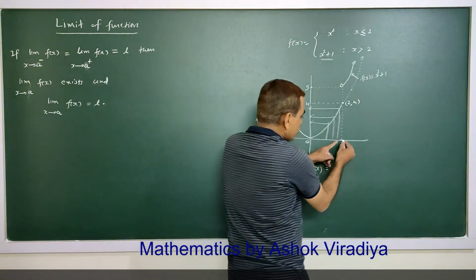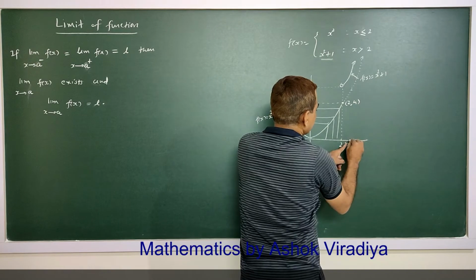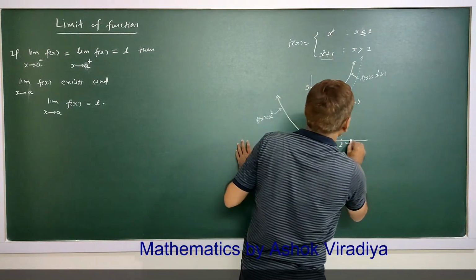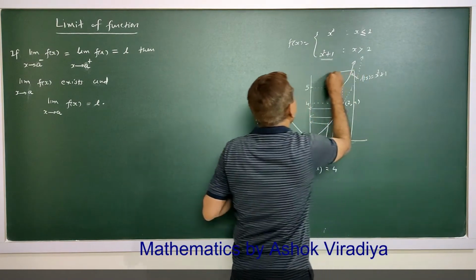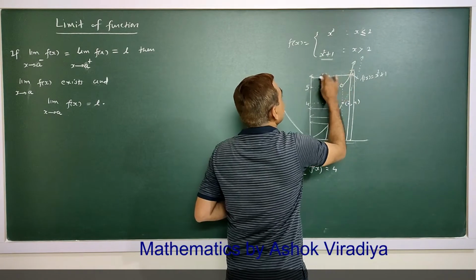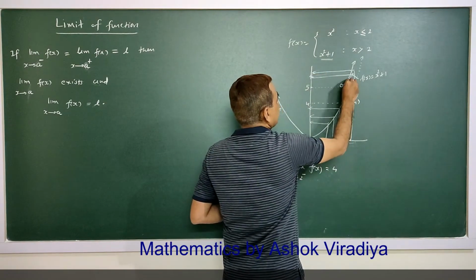And when x tends to 2 from the right side, what is happening? See here, values are coming nearer and nearer towards 5.